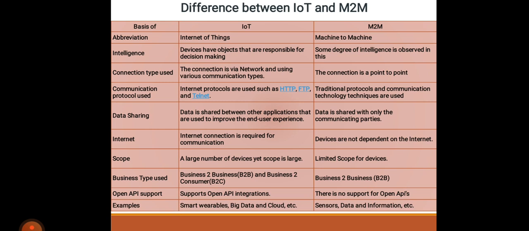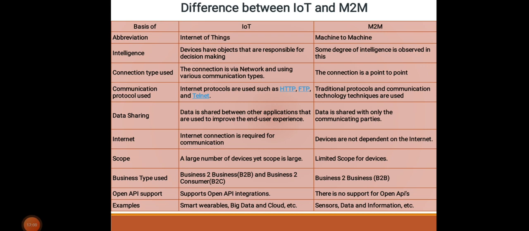Intelligence in IoT is that devices have objects that are responsible for decision making. In M2M, some degree of intelligence is observed. Then the connection type used in IoT is connection via network using various communication types. The connection type used in M2M is point to point.